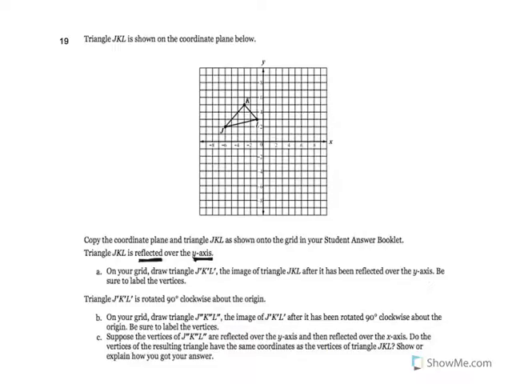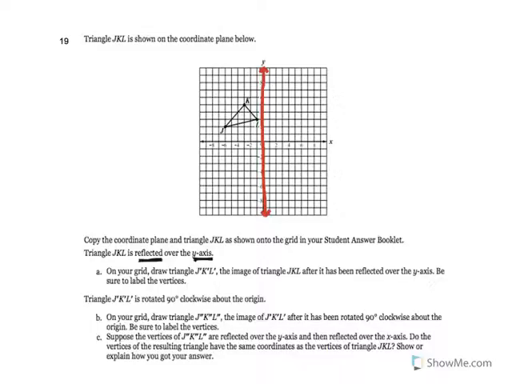Since I'm reflecting over the y-axis, that is my boss. And I will be reflecting the image over the y-axis that way. So on your grid, draw triangle J prime, K prime, L prime, the image of JKL after it has been reflected over the y-axis.